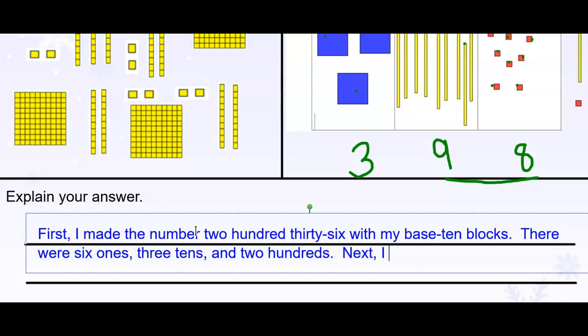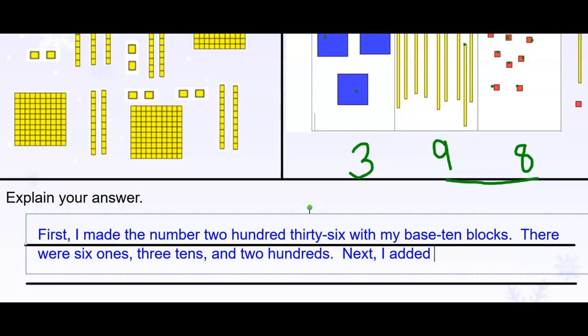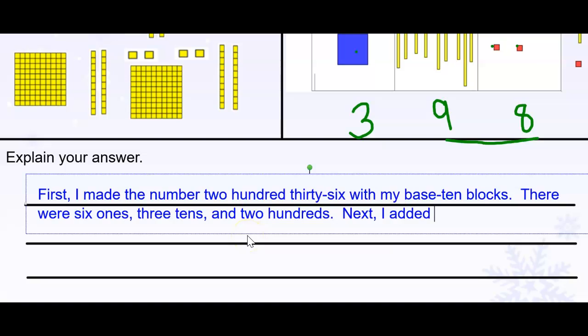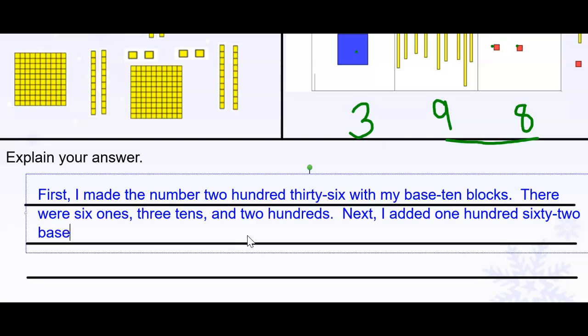Next, I added, let's see how many blocks we added, boys and girls. 162 base 10 blocks.